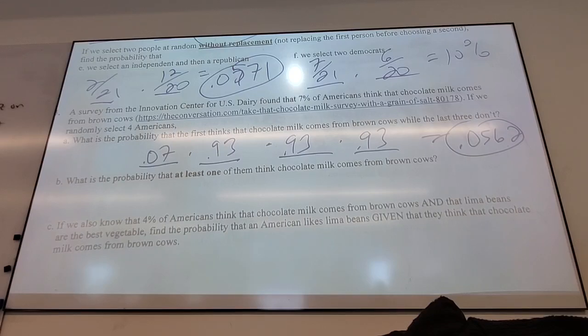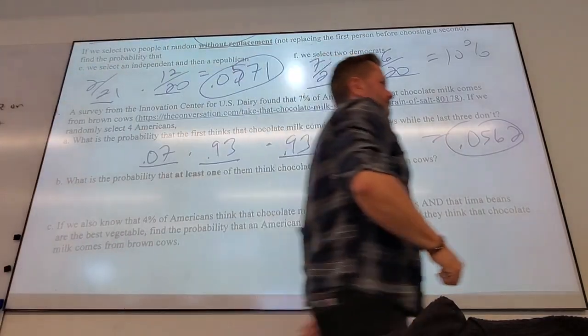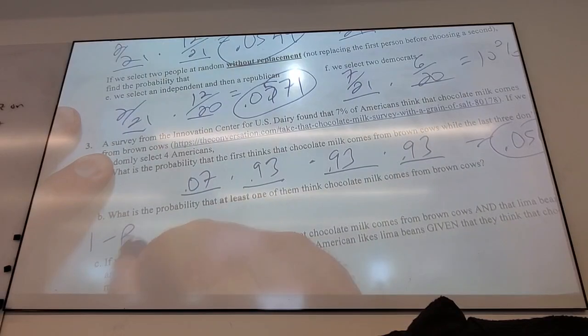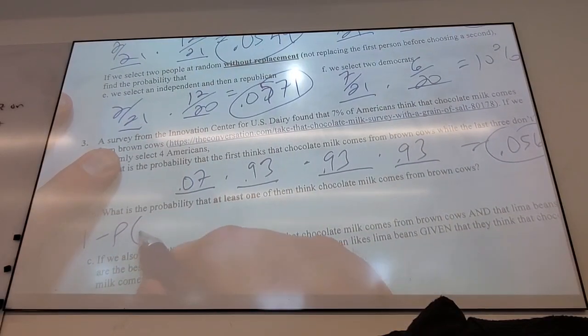What is the opposite of at least one thinks something? None. The only way you can show me that I'm wrong, if it's that at least one person in here likes season 8 of Game of Thrones, is to show me that nobody liked it. Yes? I think the second thing would be true. Okay? So I want to calculate 1 minus the probability that none of them think that.